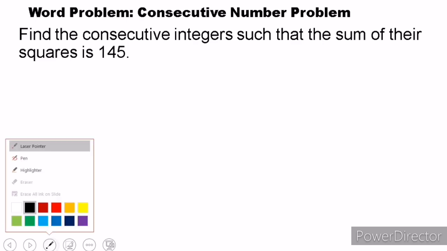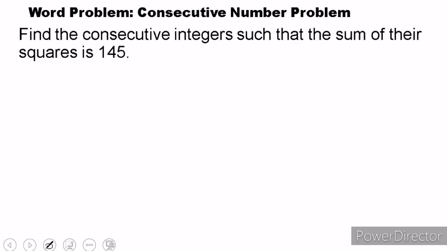Okay, so lagay natin dito yung mga example ng consecutive numbers. So, pwede siyang 1, 2, 3, 4, and 5. Ayan, mga consecutive numbers yung mga yan. Integers, it can be negative or a positive number. So, pwede siyang negative 5, negative 4, negative 3, negative 2, negative 1, 0, 1, 2, 3.